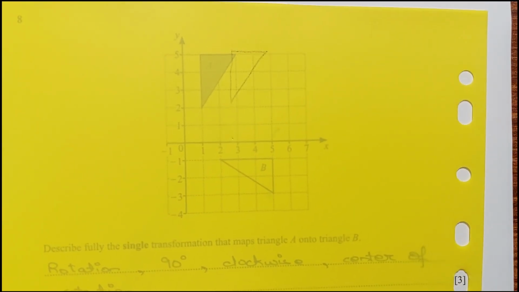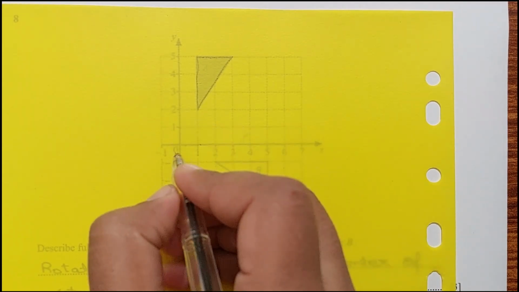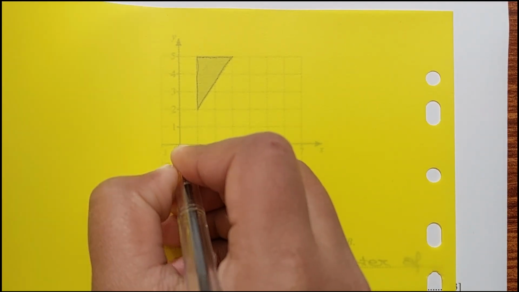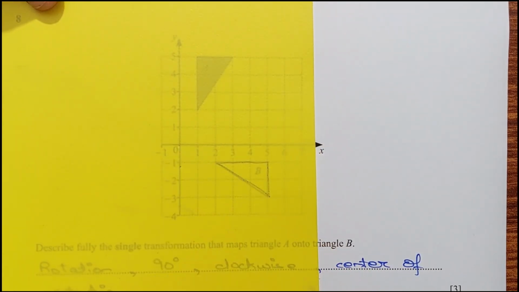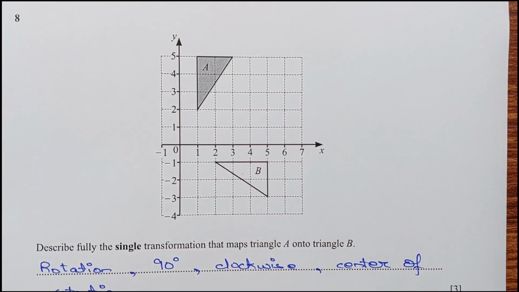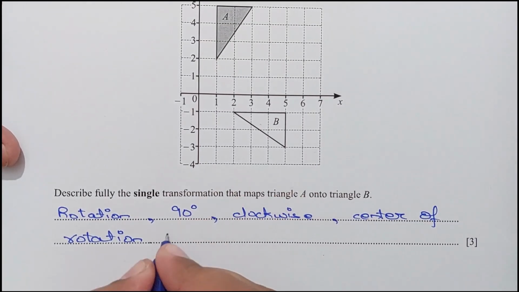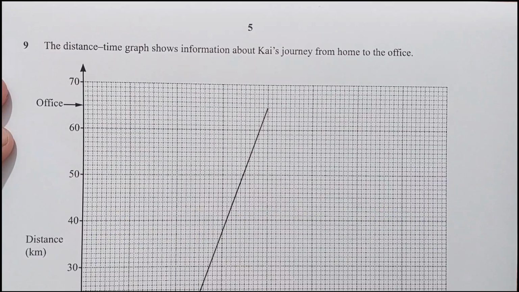Check one more time. If I fix the origin as the center and rotate it 90 degrees clockwise, yes, this is exactly B. So the center of rotation is the origin, (0, 0).